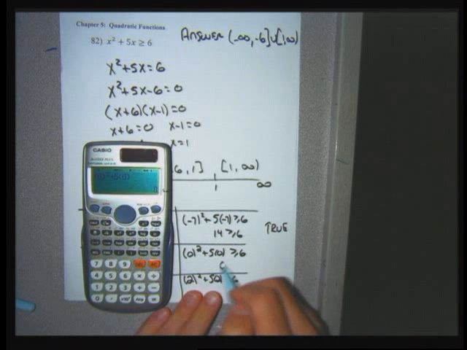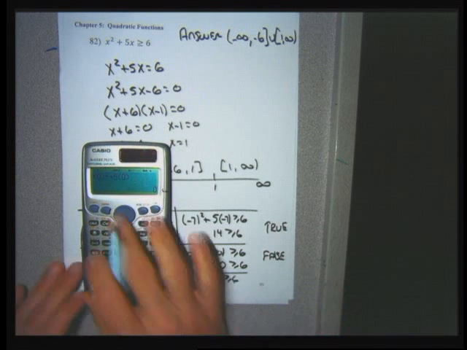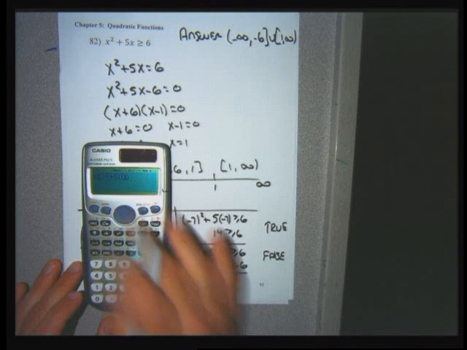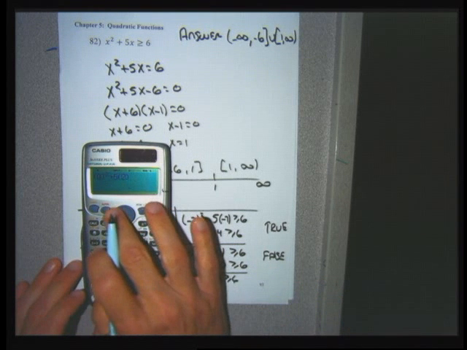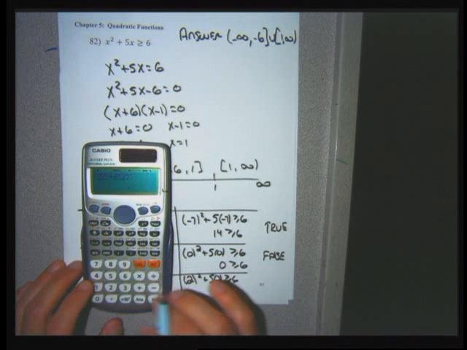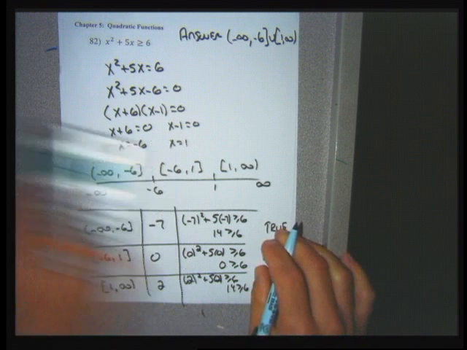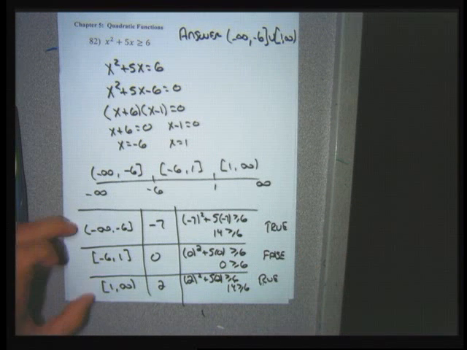This gives me 0 is bigger or equal to 6, and 0 isn't bigger than 6. It's not equal to 6, so that's a false. And I'll do the bottom one by changing the zeros to 2's. Not 22 though. That gives me 14 is bigger than or equal to 6, and that's true. So my guess of an answer was correct. The top interval and the bottom interval are the true intervals.